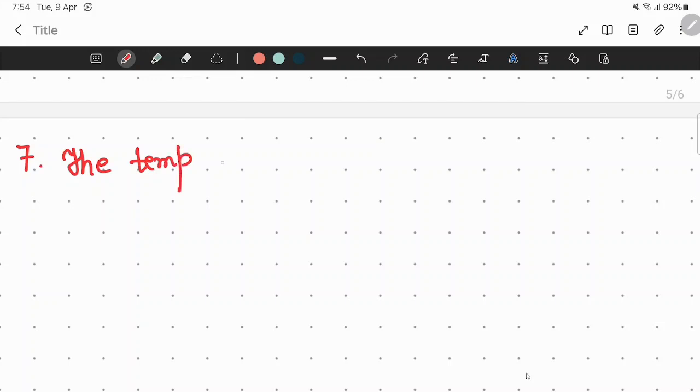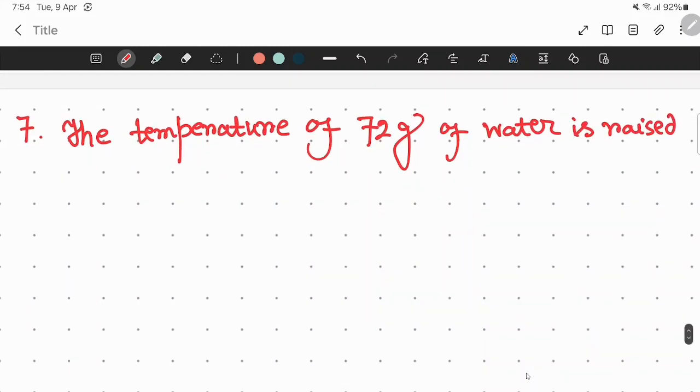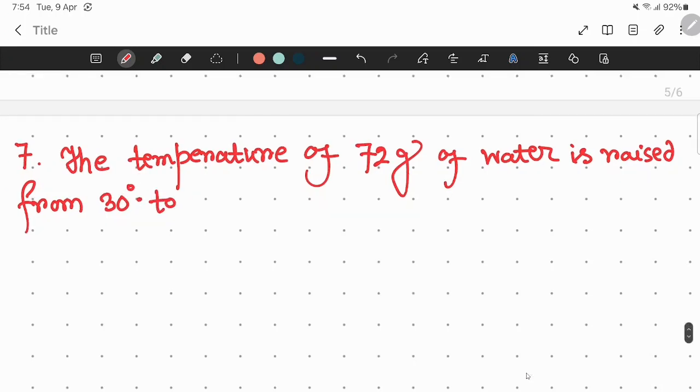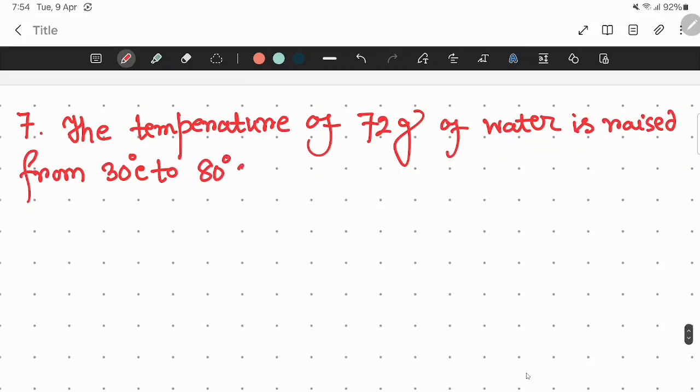The temperature of 72 gram of water is raised from 30 degree centigrade to 80 degree centigrade at constant pressure.